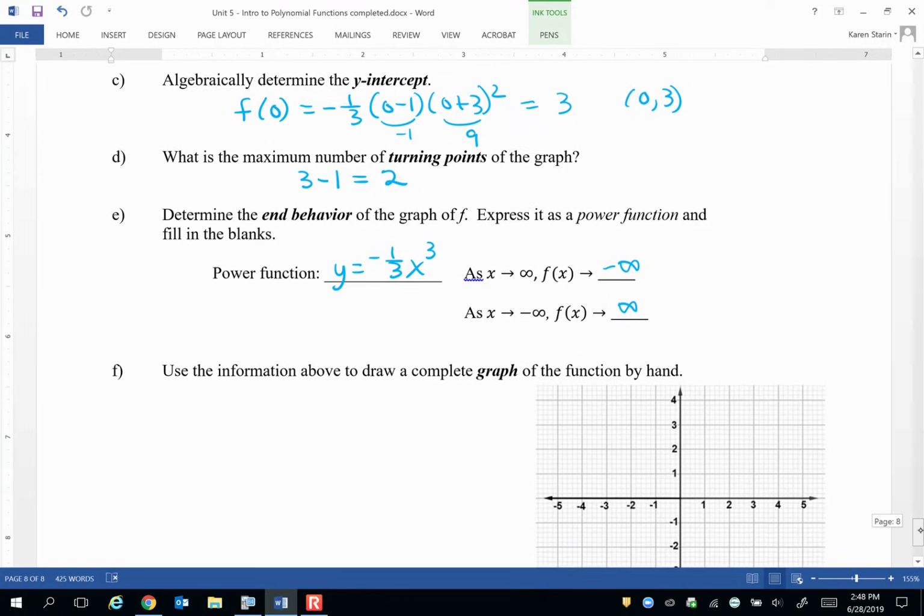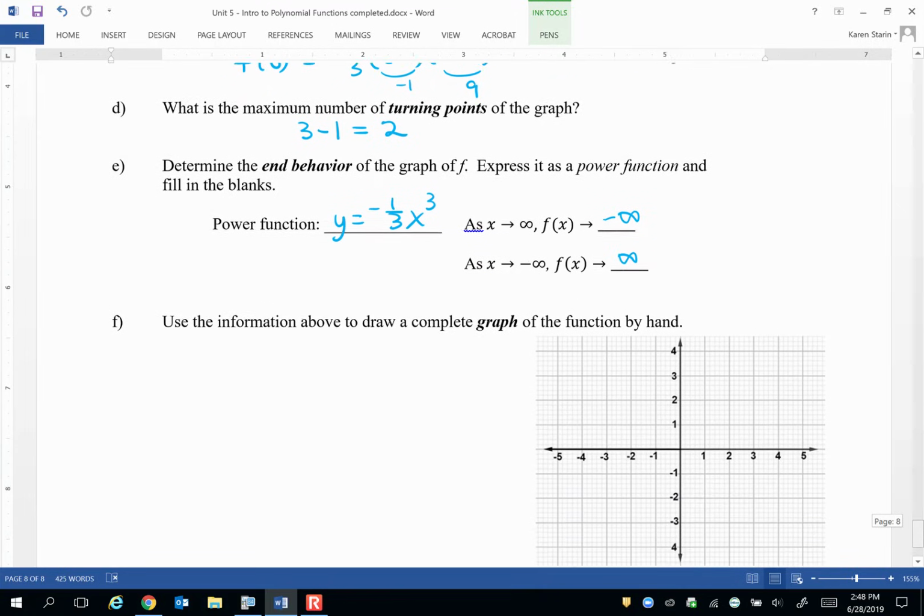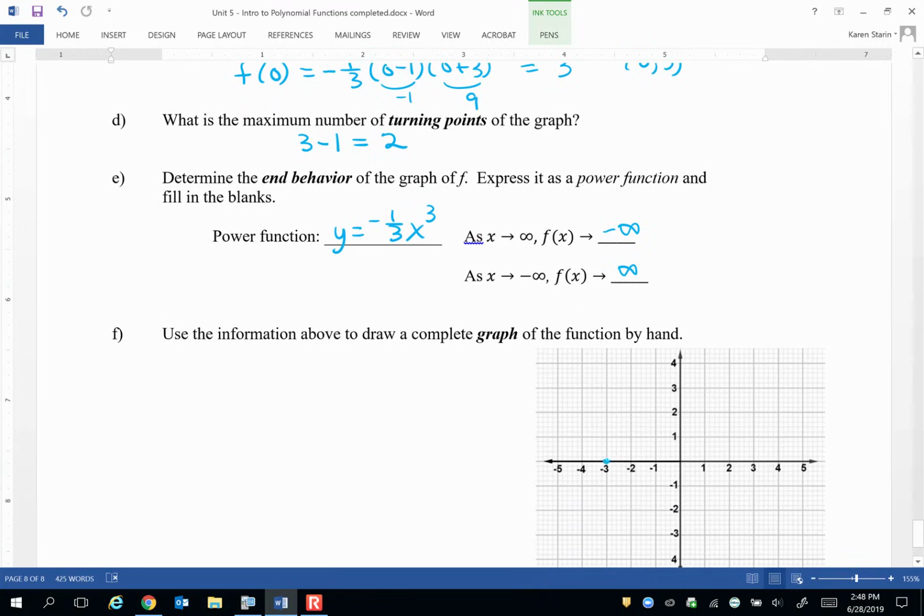I'm first going to plot all the points that we know. We know we have x-intercepts of negative 3, 0 and positive 1, 0. We also have a y-intercept of 0, 3. And starting with the left end behavior first, I know I'm coming from very large positive values in y because f of x is approaching positive infinity as x is coming from very large negative numbers.